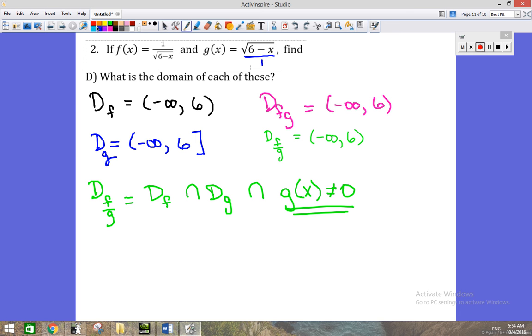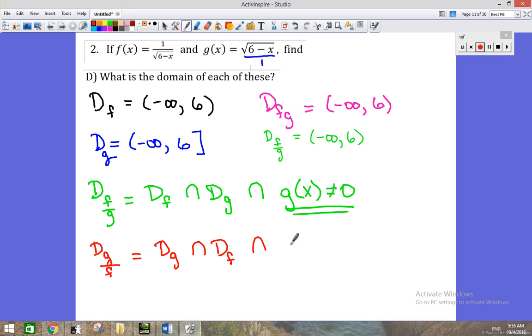Now, let's come in and find the domain of G over f. Well, the domain of G intersected with the domain of f, just like addition, that is commutative, the order of my intersection doesn't matter. The domain of G intersected with the domain of F is the same thing as the domain of F intersected with the domain of G.